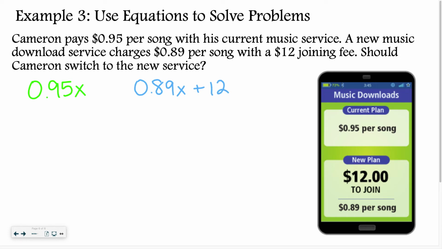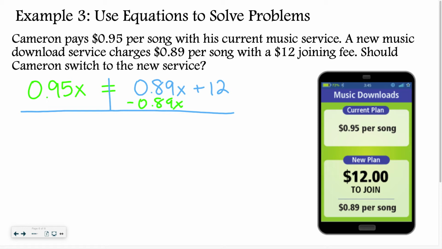So let's figure out at what point does it make sense for Cameron to switch music services. So what we're going to do is we're going to set those two expressions equal to each other, and we're going to solve. So if I subtract, I started writing divide, my apologies.